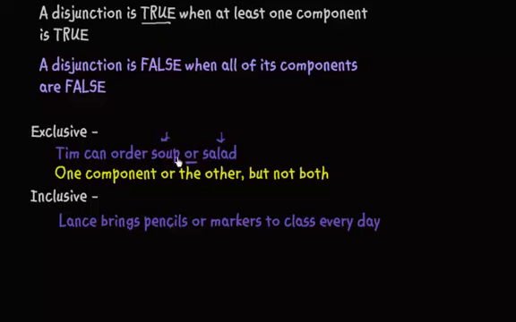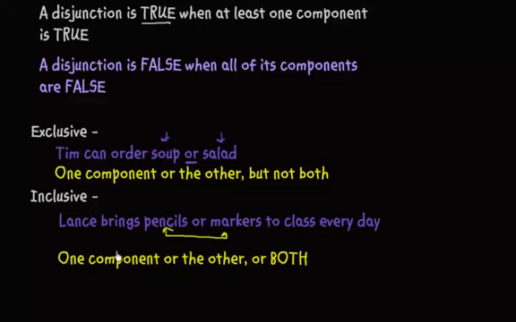Exclusive, you can't have both. Inclusive, you can bring both. So to summarize the inclusive, you are allowed to have one component be true, or the other component be true, which makes the entire OR statement true, or you can have both be true, and it still would make the entire OR statement true.